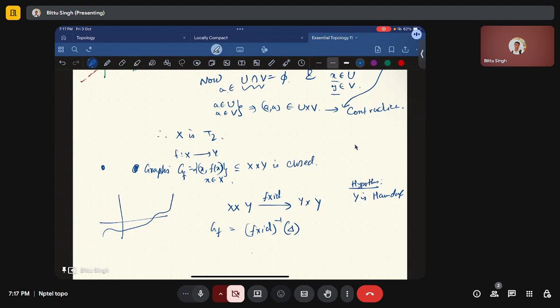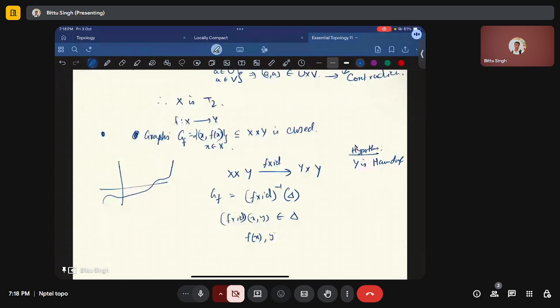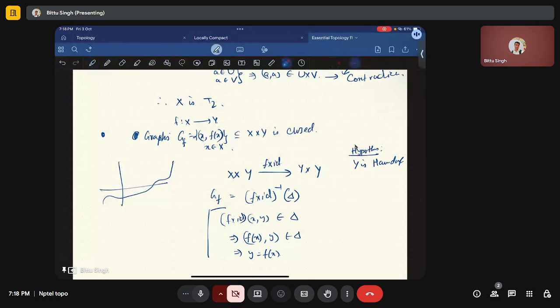suppose (x, y) belongs to this, that is, f cross identity applied on this belongs to the diagonal. That means (f(x), y) belongs to the diagonal, right? But that means y equals f(x). So we are considering all those (x, y) such that y equals f(x), and this is the definition of the graph, right?